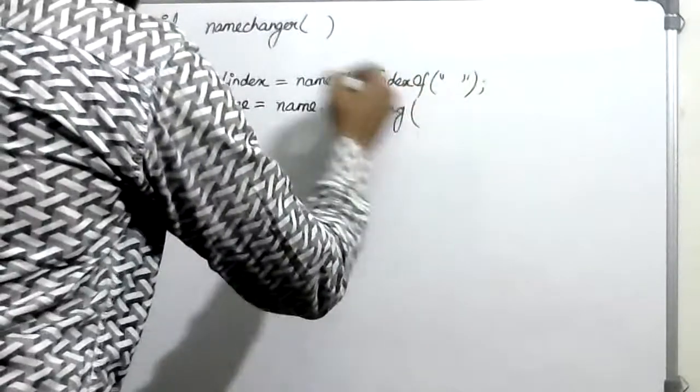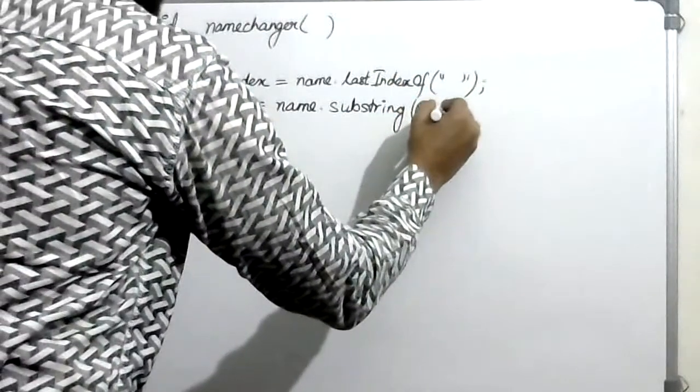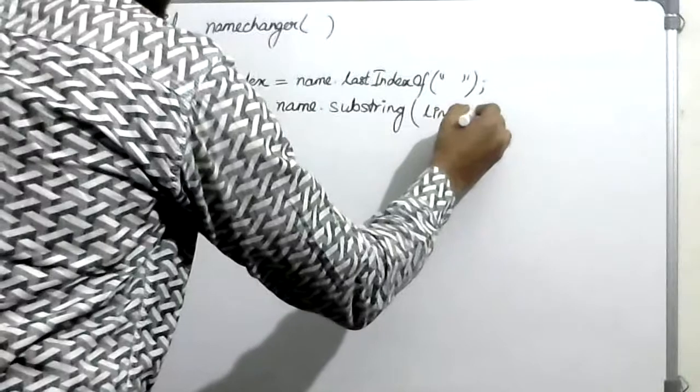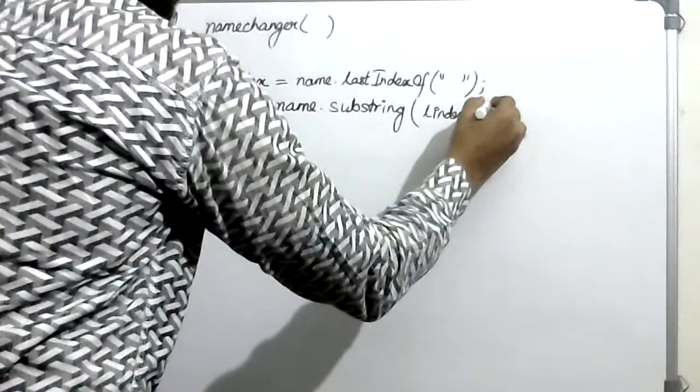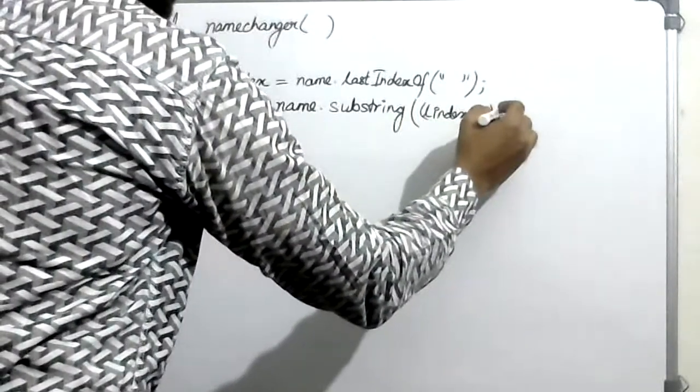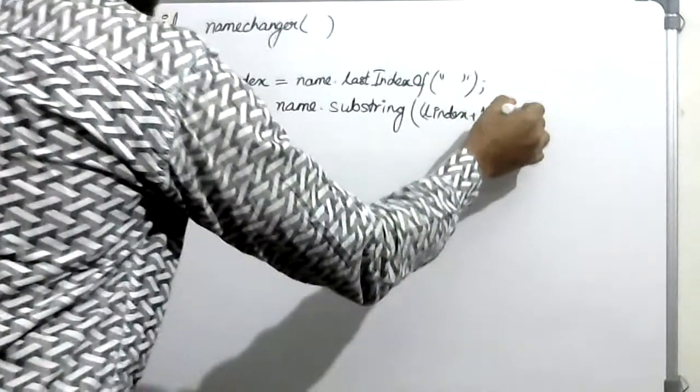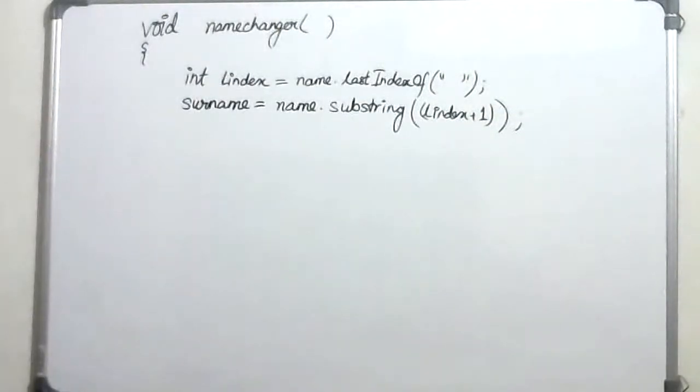The starting value will be L index plus 1, and I'll not provide the other arguments. It will just extract up till the end. So the substring function extracts the surname and stores it in the variable surname.